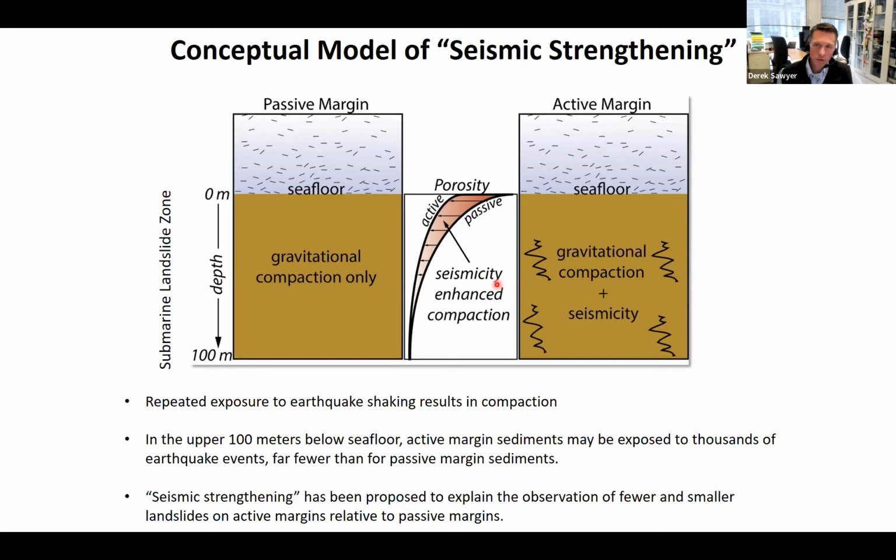That additional wave action is going to shake and dewater the sediments as they are also compacting. So you get this additional densifying mechanism. So this is the original idea behind this seismic strengthening hypothesis.